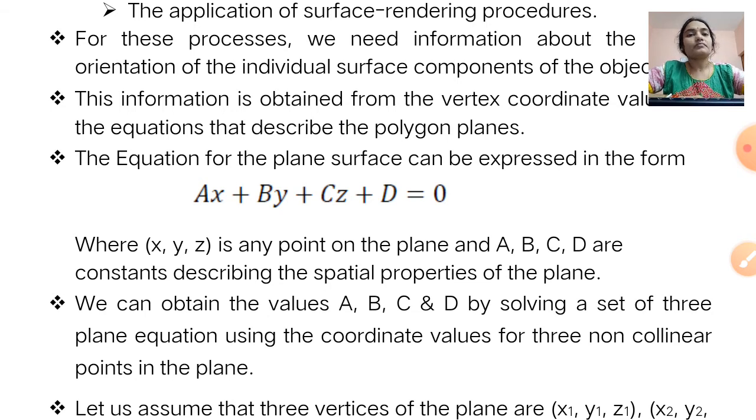We can obtain the values a, b, c, d by solving a set of 3 plane equations using the coordinate values for 3 non-collinear points in the plane.